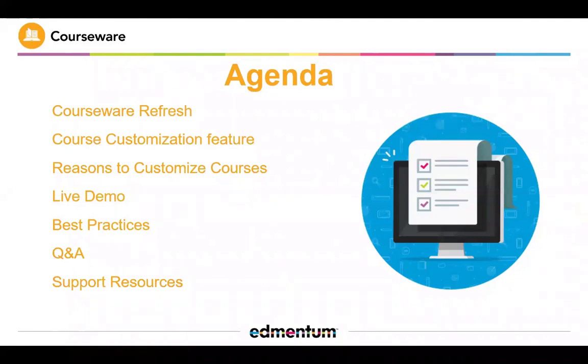I'll give you some reasons why you would want to customize courses, just in case you haven't thought those through yet. And then we'll do a live demo where I show you how to customize courses. I'll end with some best practices that you should know when customizing your courses in courseware. And then a Q&A portion. If you don't have your questions answered by the end, we can leave some time for that. And then I'll provide you with some support resources.